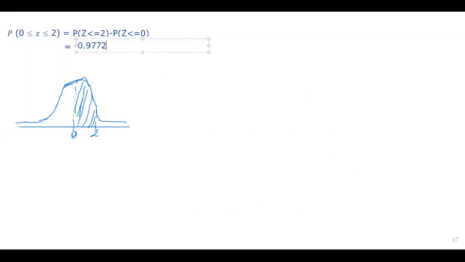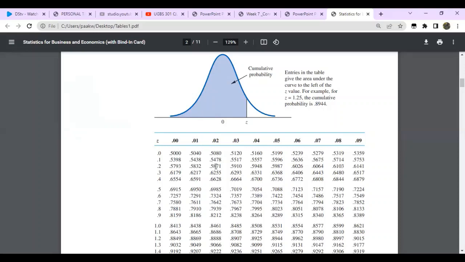0.9772 minus the probability that Z is less than or equal to 0. I think that one is 0.5. Yes. So hope you can see the screen. It is 0, then 0.0. They meet here.